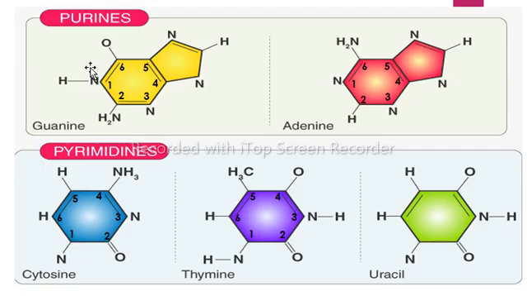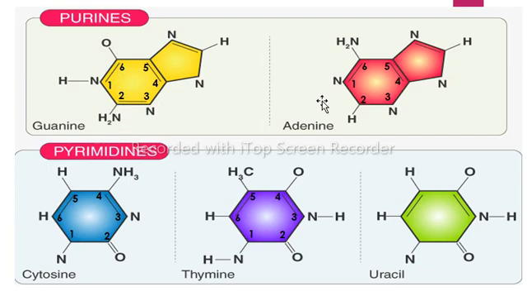Now have a look at the structure of purine and pyrimidine. Purines are two, that is guanine and adenine. Guanine has a double ring structure, and in biochemistry we call it 2-amino 6-oxypurine, because at position 6 oxygen is present and an amino group is present at position 2 or carbon number 2.